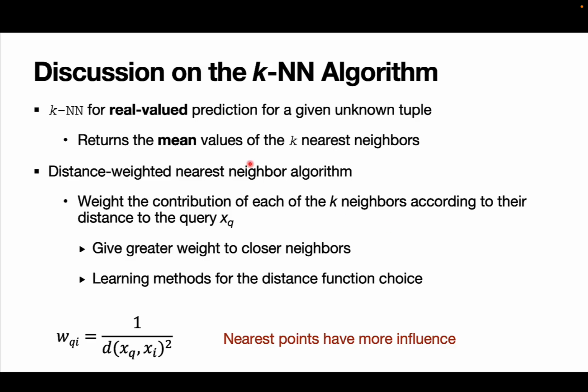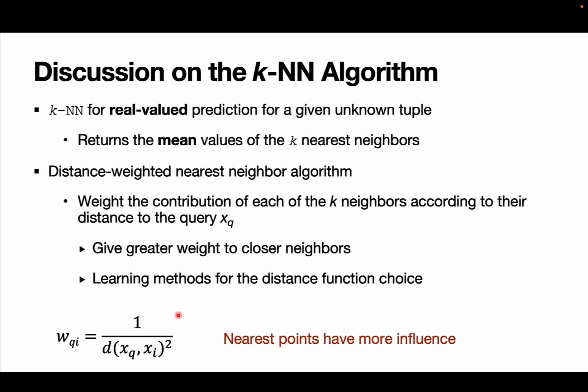More discussions. When using KNN for prediction, we can take the mean values of the k-nearest neighbors. And when we talk about the distance-weighted nearest neighbor algorithm, we typically define the weight in a way that gives a greater weight to closer neighbors.